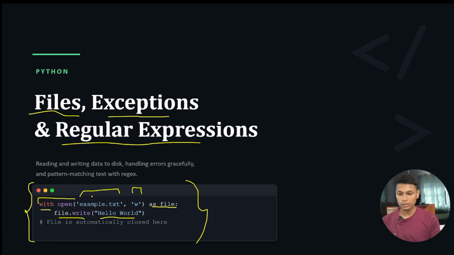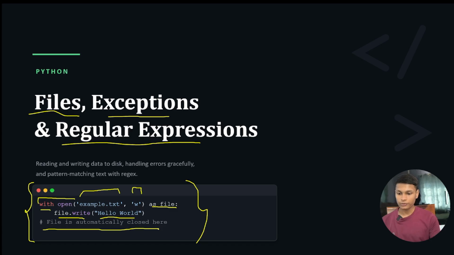Simply, at the very first we open our file, whose name is example.txt. After that we are writing in this file, open as file. After that, file.write hello world means that we are going to write hello world in our file. So that's why hello world was there. After that a comment was there. What does it want to say? This comment says that the file is automatically closed here. What does it mean?